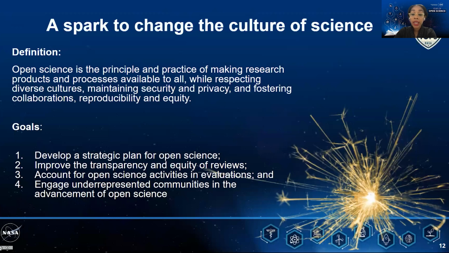Next, we'd like for folks to really think about the different types of reviews and how you're involved in such reviews, as well as how do we improve the equity of all of the above, whether we're engaging with underrepresented communities for the advancement of open science or really looking at how we're targeting fundings and evaluations to really break down barriers of entry for all to join. And through all of this, we hope to create a more equitable, impactful, and efficient scientific future for all. So we really look at open science as a spark to change the culture of science.